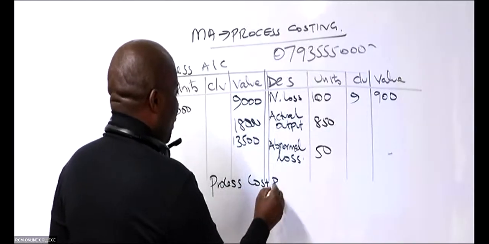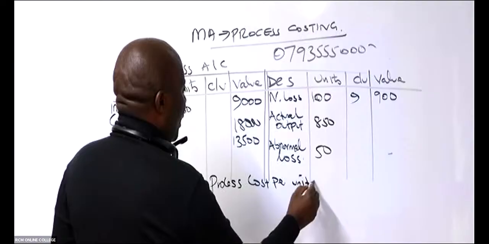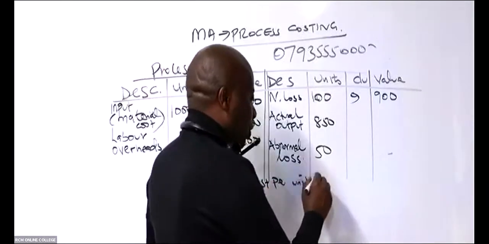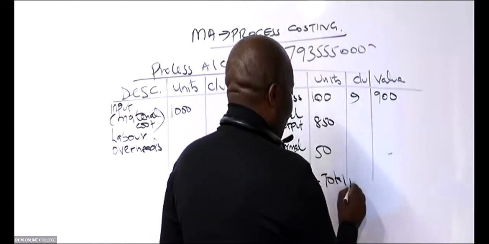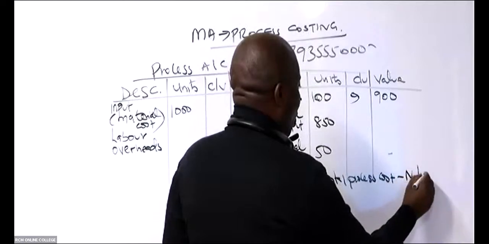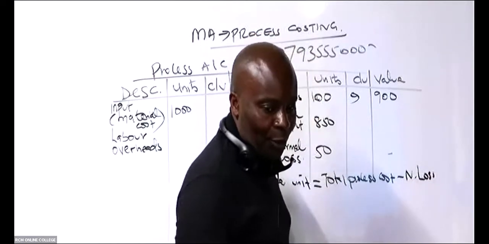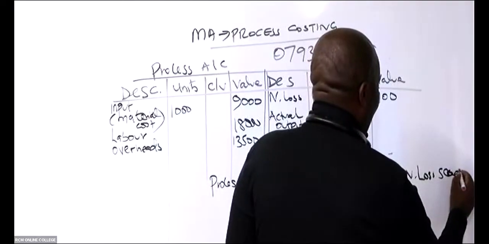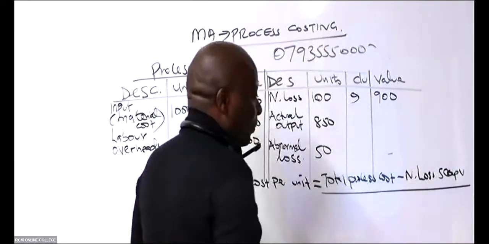Process cost per unit. I'm able to remember this very well. We said we take the total process cost minus normal loss scrap value, all over.